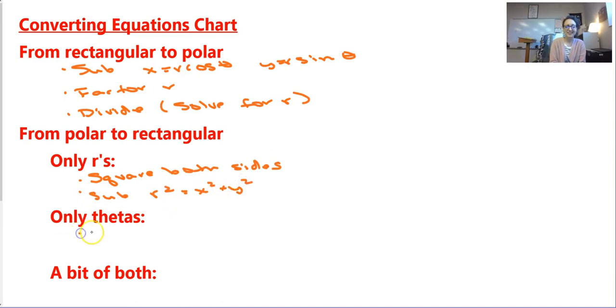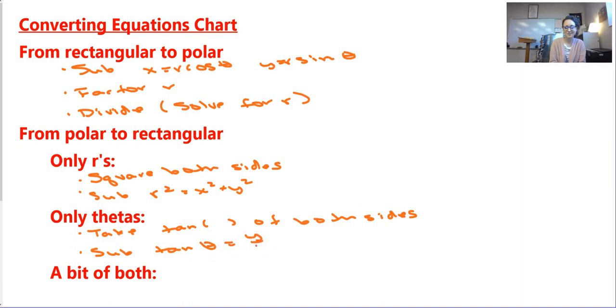Now if I have only thetas, I'm going to take tan of both sides. And then we're going to sub in that tangent of theta is equal to y over x, and on the other side we'd have tangent of some angle, and we can find that number from the unit circle.